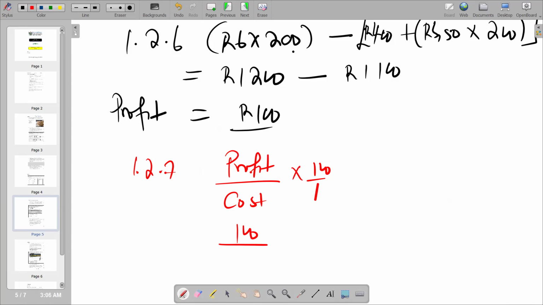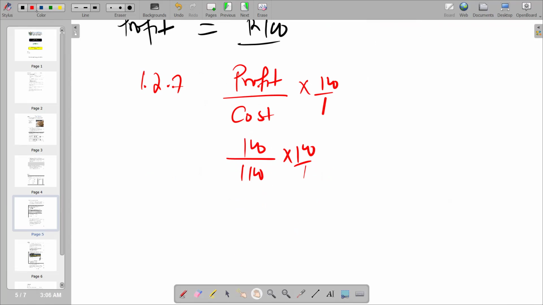The cost, remember, we got it as 1,100, and then multiplied by 100 over 1. So we try to calculate it that way. We see that the answer that we are supposed to get is 9.09%. So basically that's what we have, 9.09%.